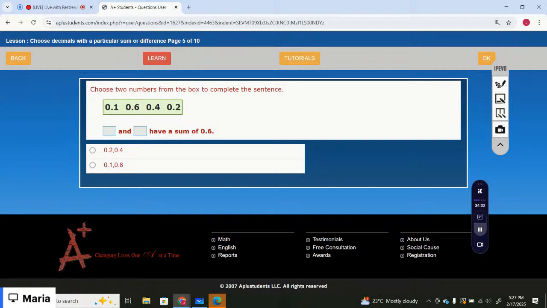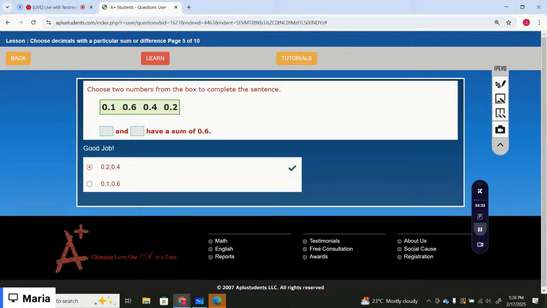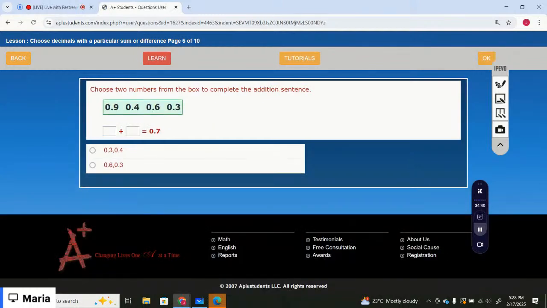Which two numbers have the sum 0.6? That is option number 1, 0.2 and 0.4 have the sum 0.6.